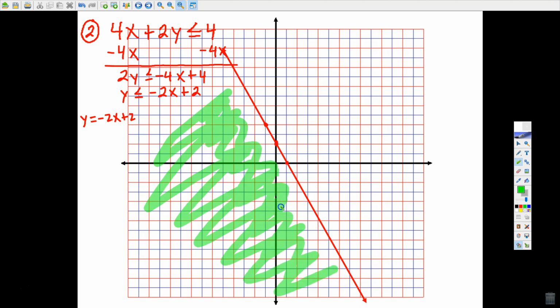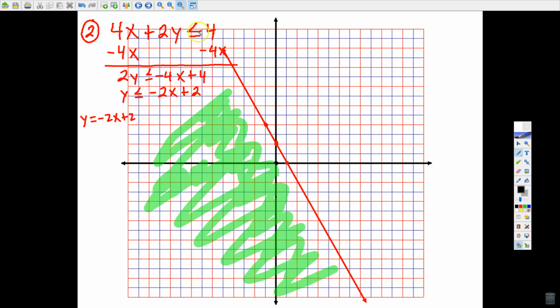And then once again, if you wanted some assurance, just do the origin. It's easy math. You could probably do it mentally. The 0, 0, if x is 0 and y is 0, then obviously 0 plus 0 is 0. And you can verify pretty quickly that 0 is less than or equal to 4.